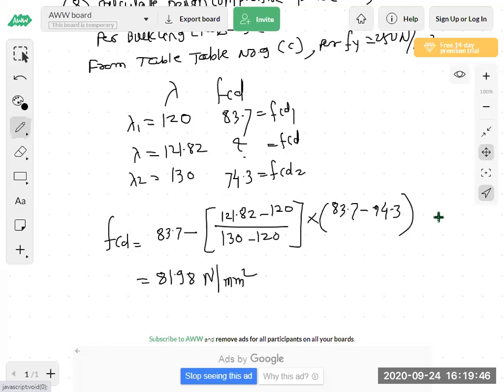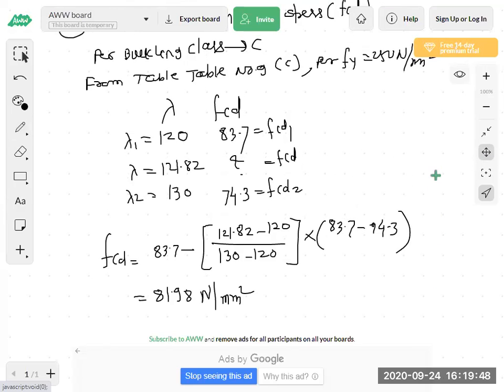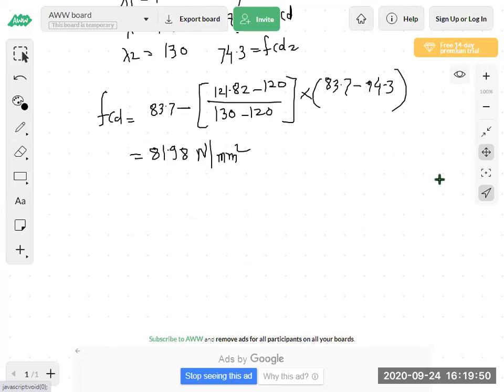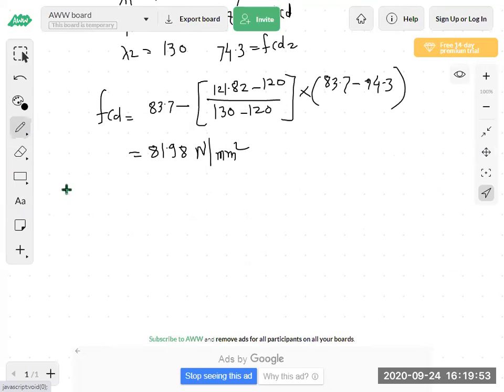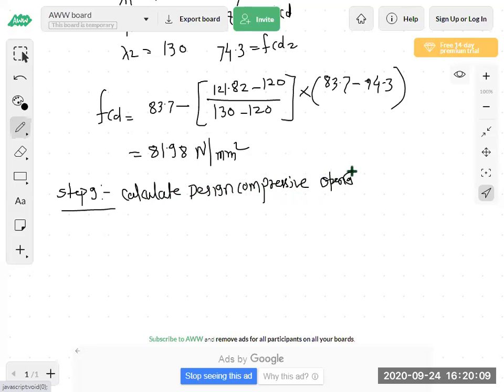Okay. Now next step, step number 9. Calculate design compressive strength, that is Pd. So Pd is equal to fcd into Ag.